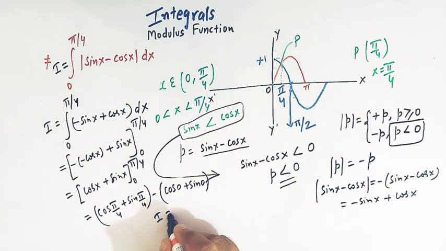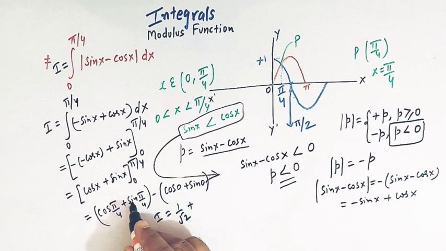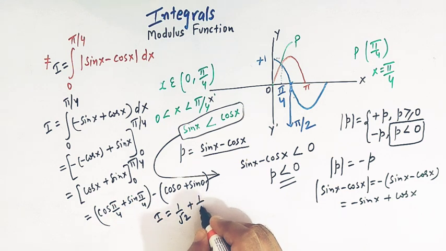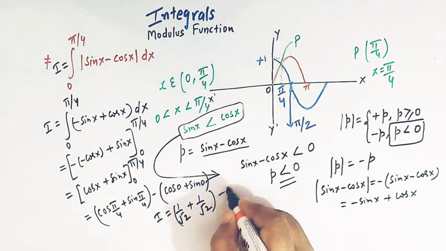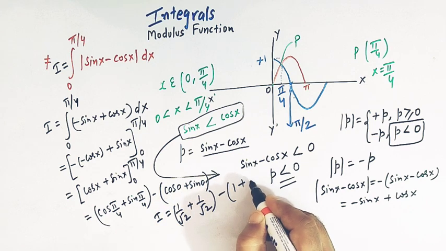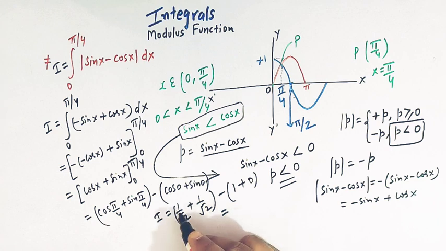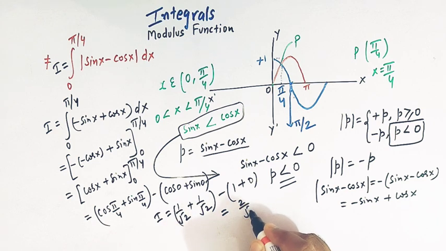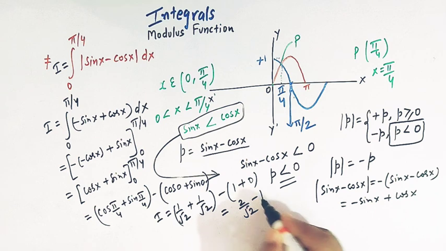So cos pi by 4 is 1 over root 2. Sine pi by 4 is also 1 over root 2. And here we have cos of 0 is 1, sine 0 is 0. So this is 1 over root 2 plus 1 over root 2, which is 2 over root 2, minus 1.